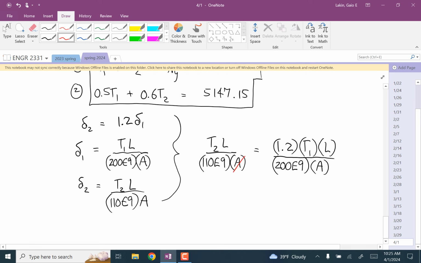The A's cancel, the L's are the same. I'll cancel the times 10 to the 9. And so we get, I'm just cross multiplying, 200 T2 is equal to 1.2 times 110 T1.